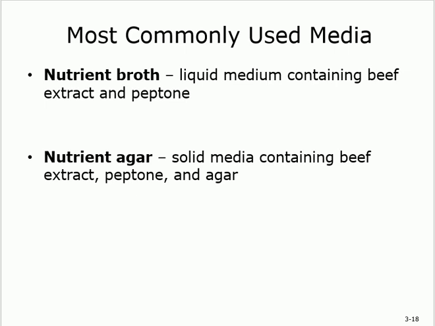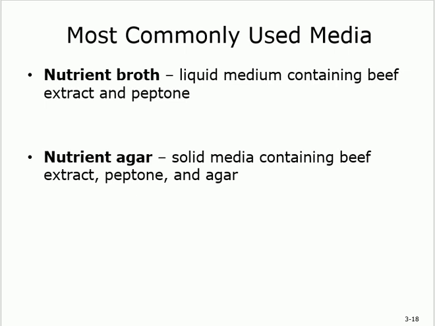The types of media that can be used. There are a lot of them, but the most commonly used or the most important are the nutrient broth. Is the broth liquid or semi-solid or solid? It's liquid. So nutrient broth is liquid, and it's usually beef extract and peptone.